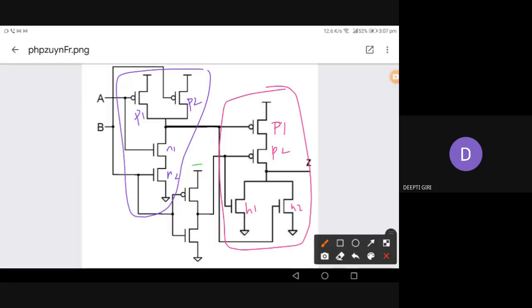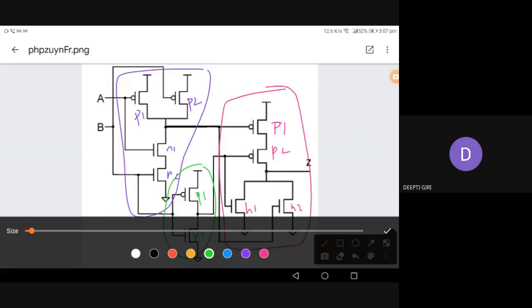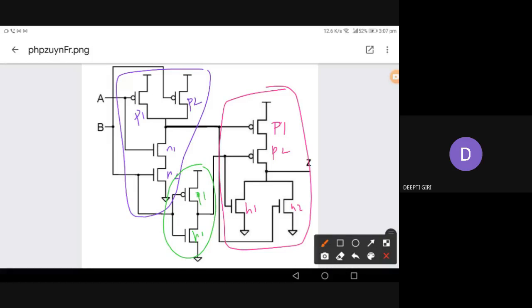You must know this is nothing but only one PMOS and one NMOS, and this is a simple NOT gate we have discussed. So if you see very carefully, you can easily see that this is nothing but a NAND gate, and this is nothing but a NOR gate.